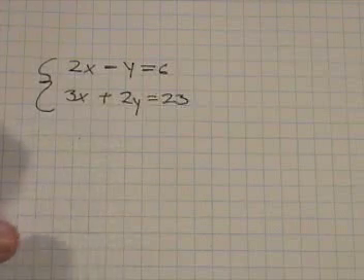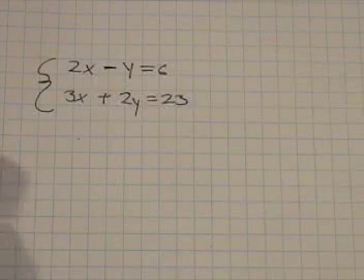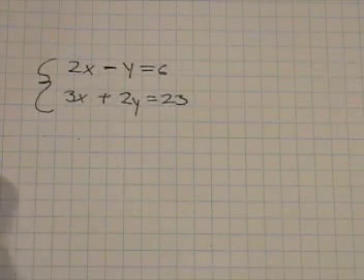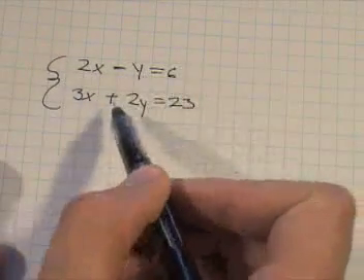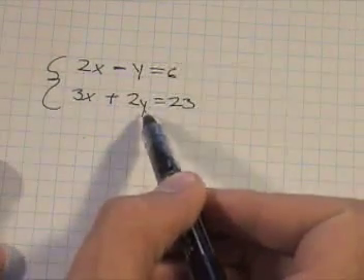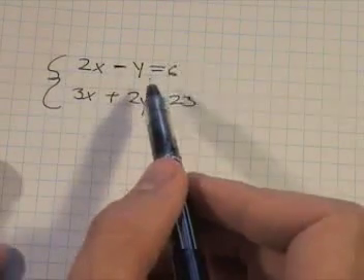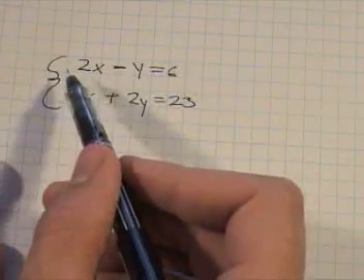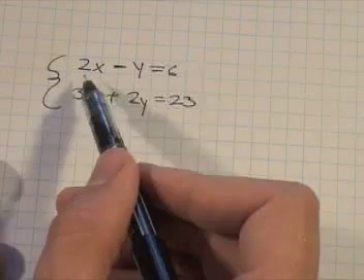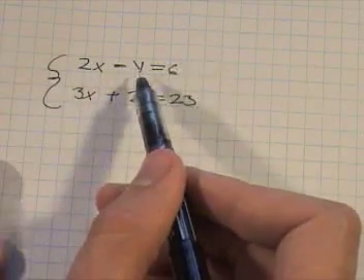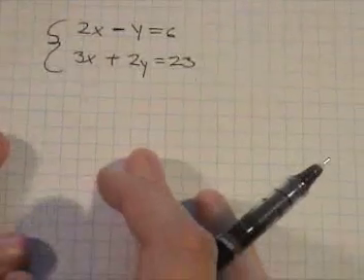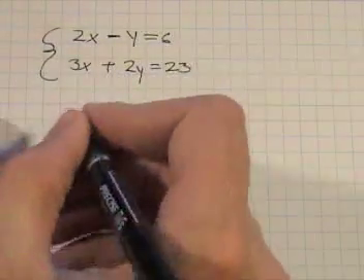Well, do we have any additive inverses? Because that will make addition a lot easier. We actually don't, but we have something very close. We have a negative y and a positive 2y. So all we have to do to create additive inverses is to multiply this top equation by 2. And that would create the additive inverse up here. Let's go ahead and do that, and you'll see what I mean.